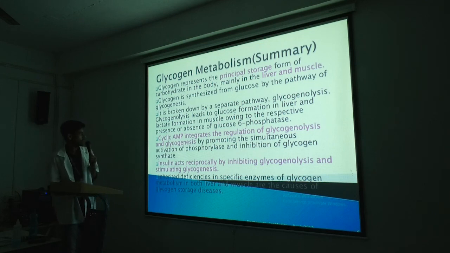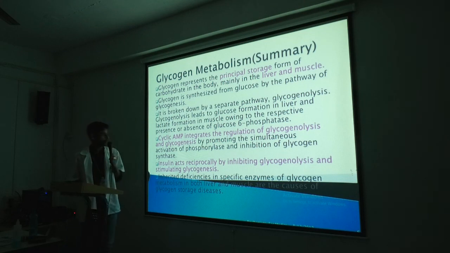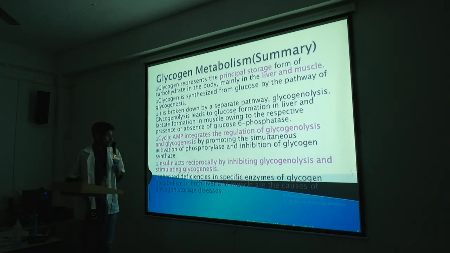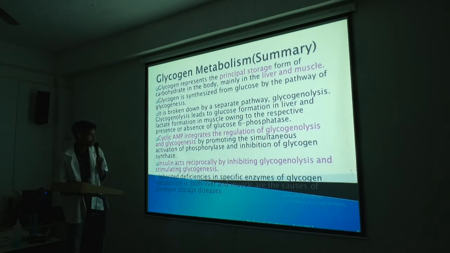Cyclic AMP integrates the regulation of glycogenolysis and glycogenesis by promoting the simultaneous activation of phosphorylase and inhibition of glycogen synthase. Insulin acts reciprocally by inhibiting glycogenolysis and stimulating glycogenesis.